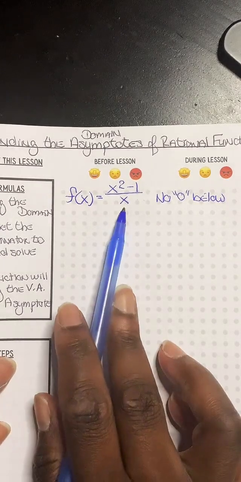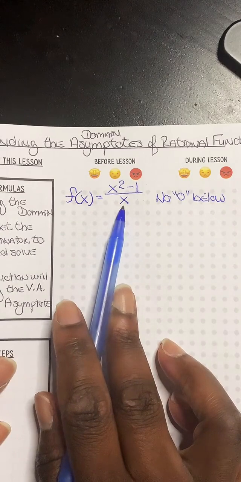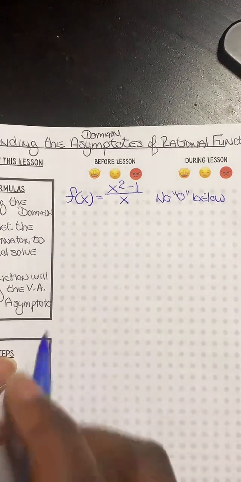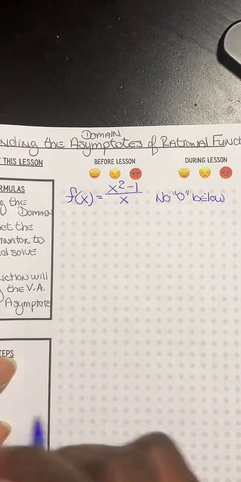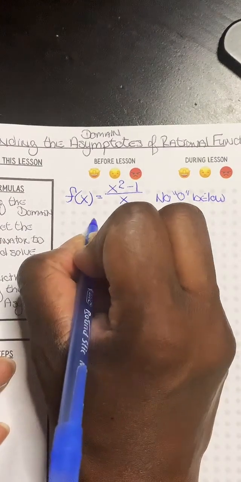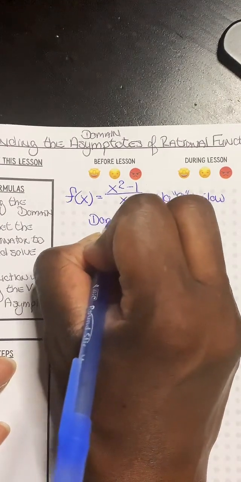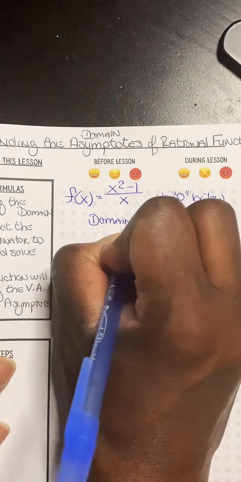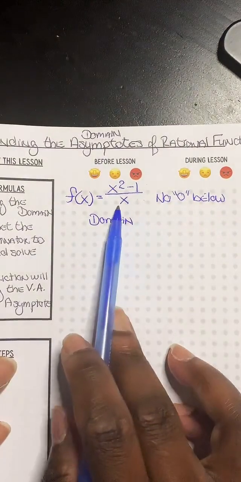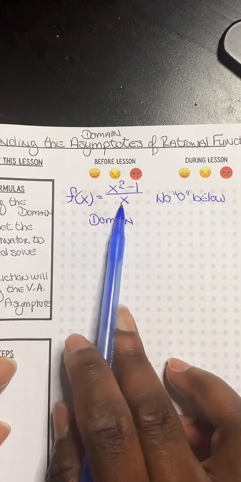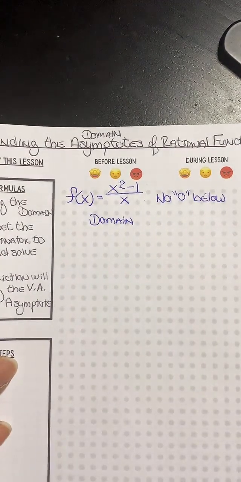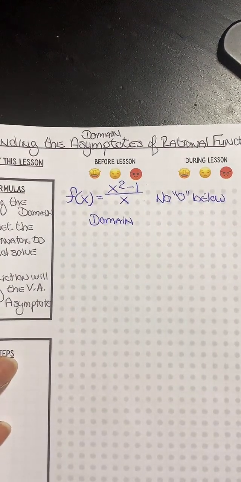The only thing for this particular one that can make it undefined is 0 itself. So we're looking at our domain. Our domain is our list of x values that will satisfy that fraction.